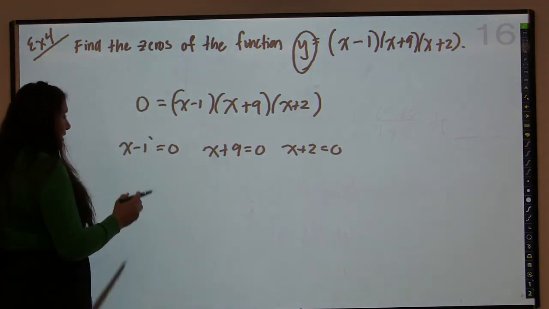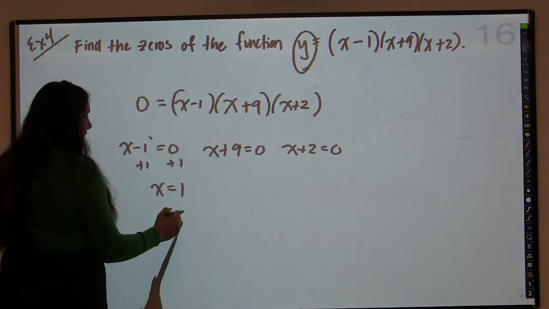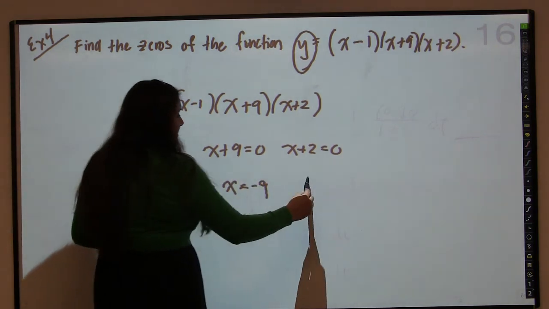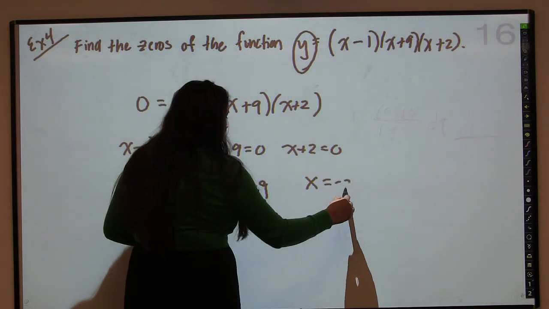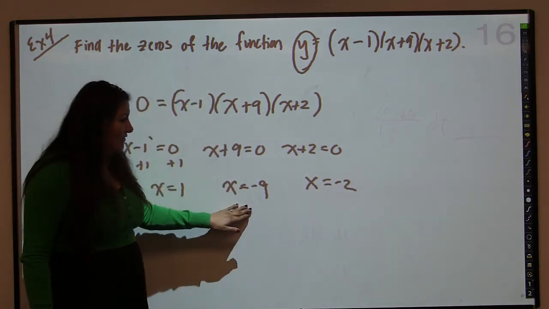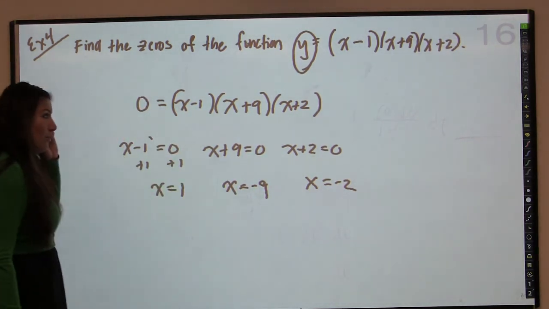And we solve it that way. So in this case, I add 1 to both sides, and my answer is x equals 1. In this case, I subtract 9, and x equals negative 9. In this case, I subtract 2, and x equals negative 2. So my 3 zeros are 1, negative 9, and negative 2. It's that simple. We're using the zero product property there.